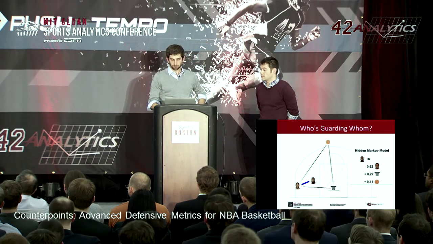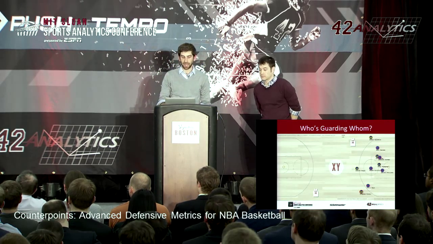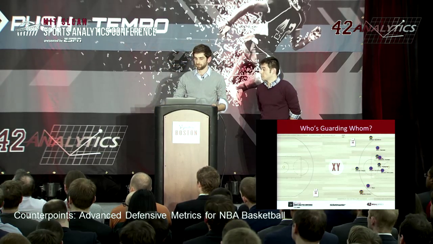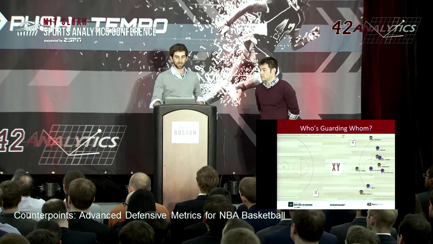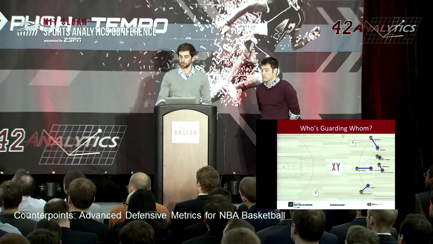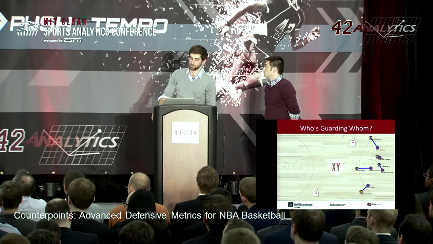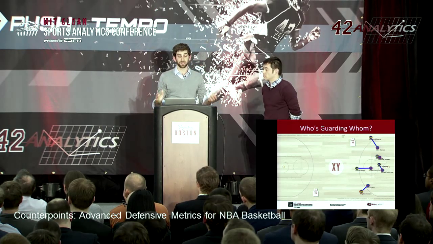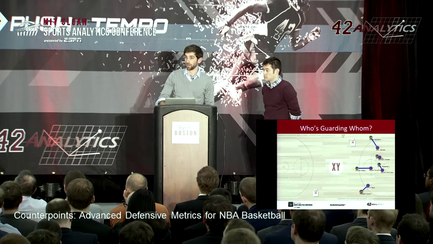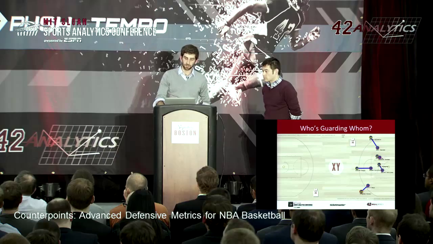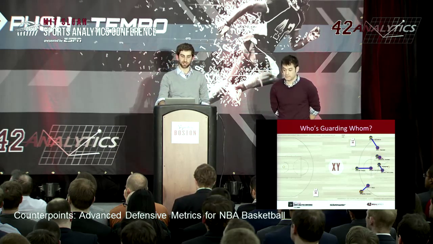If we look at a particular snapshot of the data, it's very hard to tell what's going on. Now with our model, we can add in these blue lines, which represent the estimate of who's guarding whom in a possession. But remember, this is fundamentally a dynamic model. So let's watch the evolution of a possession and focus on our estimates of these matchups through the blue lines.